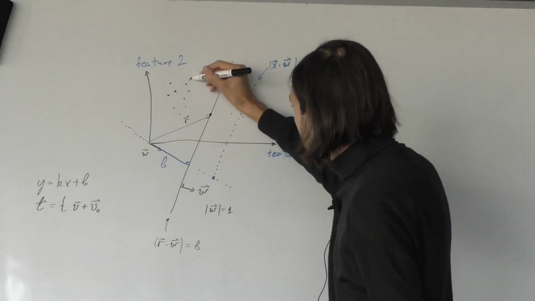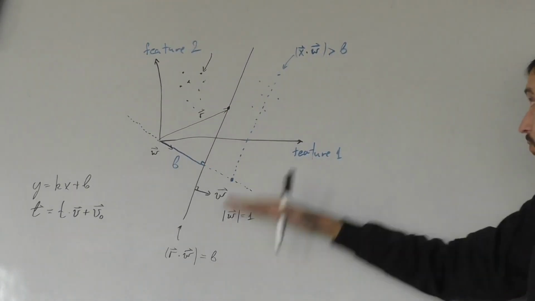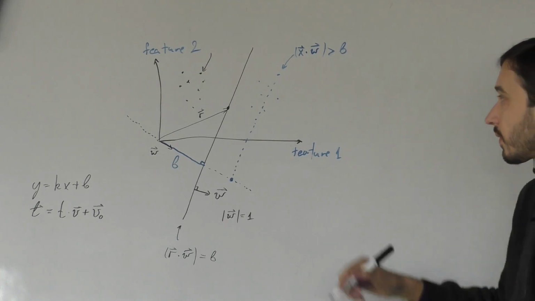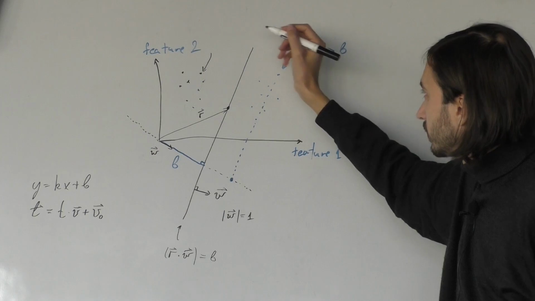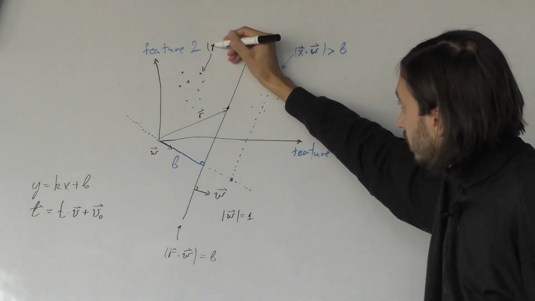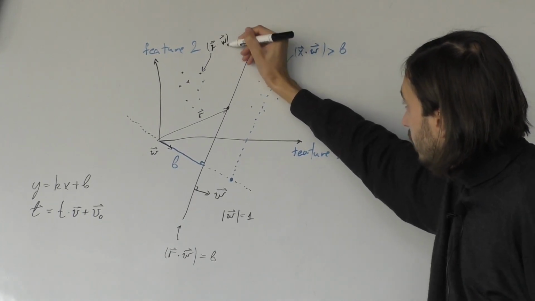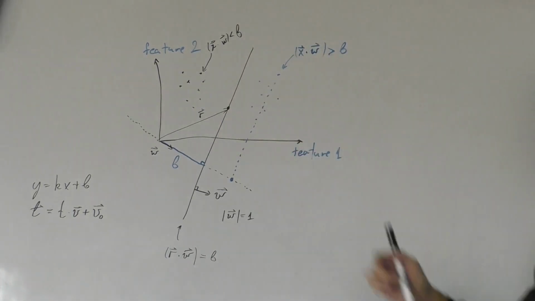Any of these points, if I'm trying to consider the same expression, what do I get? Less than b. So x times w should be less than b. So here we have it.